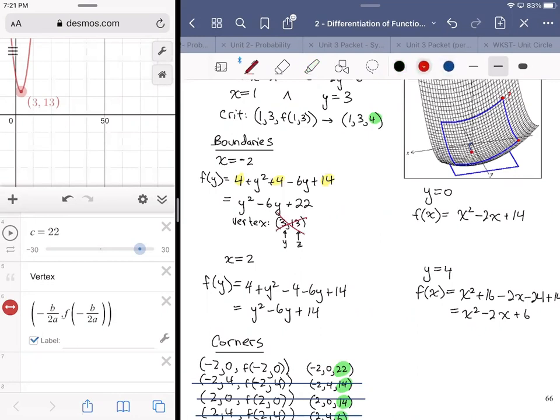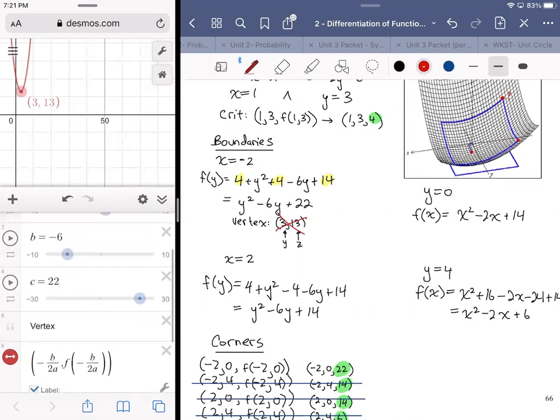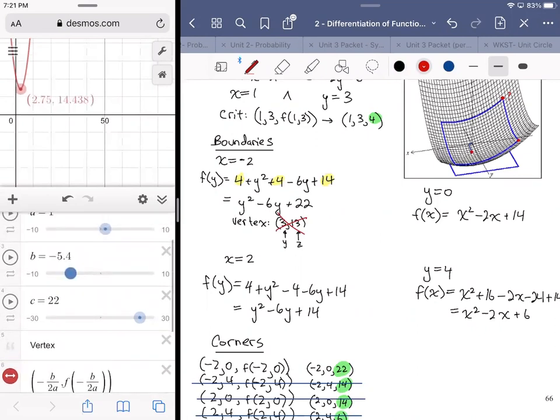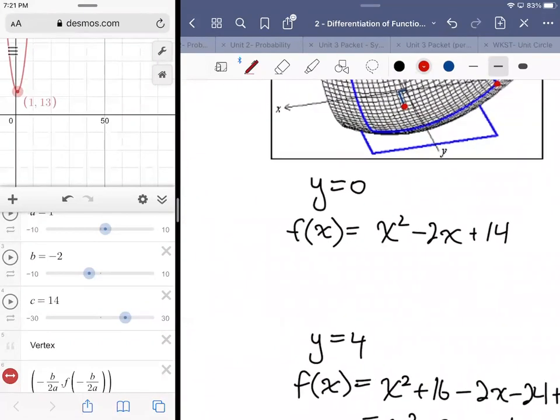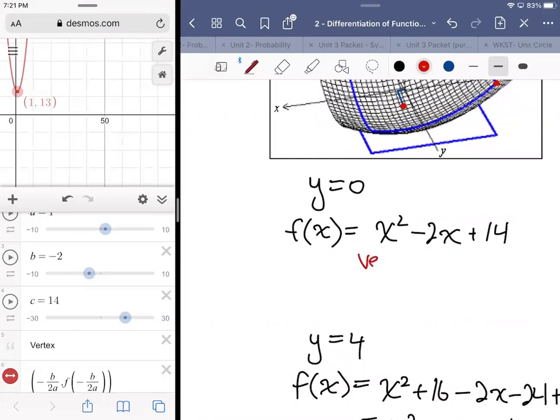Then 1, -2, 14 corresponds with a vertex of 1, 13.